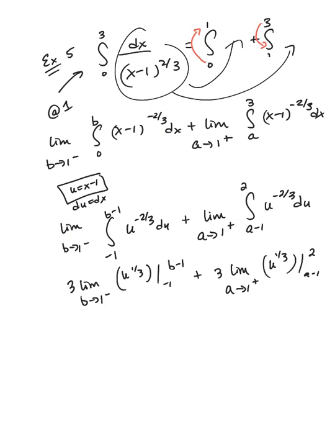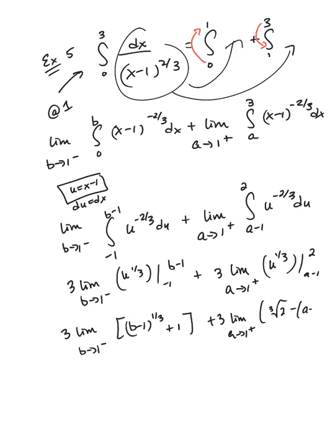Okay, so that's going to be 3 times the limit as b approaches 1 from the left of b minus 1 to the 1/3 plus 1. Okay, because it's minus negative 1, as you know, plus 3 times the limit as a approaches 1 from the right of the cube root of 2 minus the cube root of a minus 1.